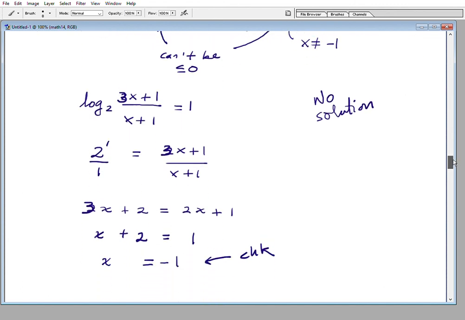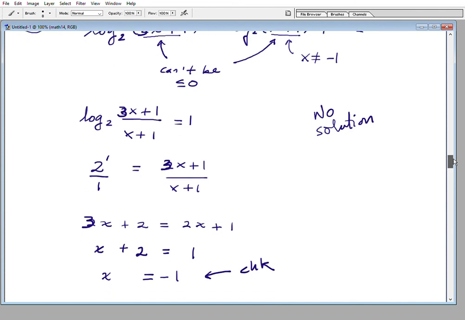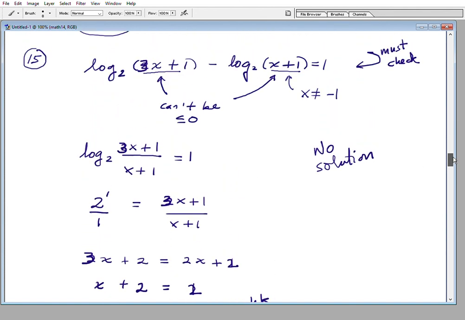Okay, I have to cross multiply. Okay, yeah, it's 2x plus 2. You're right, thank you. All right, let me correct that. It is 2x plus 2. So I have to correct this whole thing. 2x plus 2. Okay, so we have x, here we have 2. Here we have x equals 0. And then we have to check. Okay, thank you. 0 plus 1, that's okay. And 0 plus 1, that's okay also.